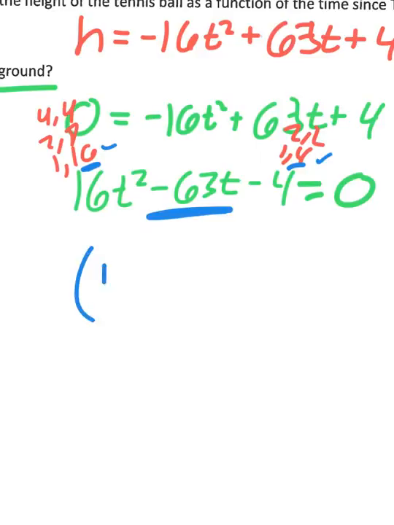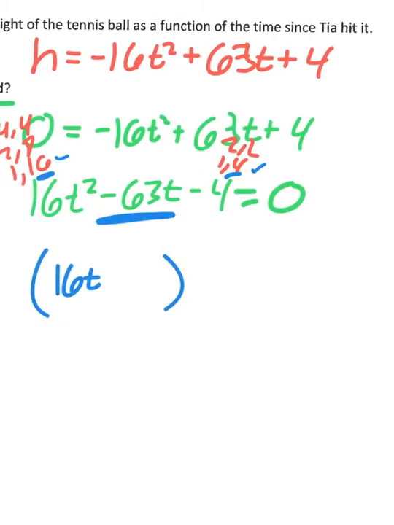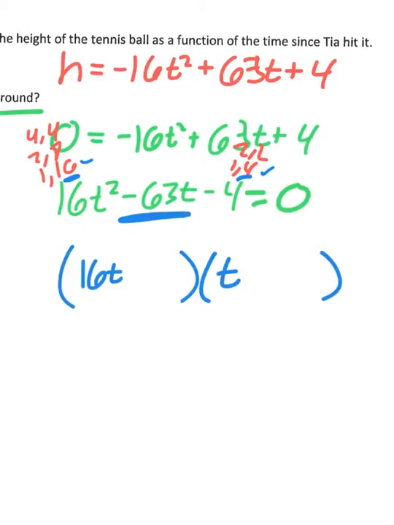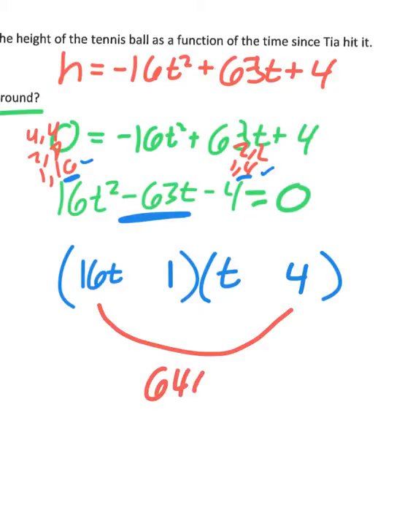So let me start off my binomials with 16t and t, and then 4 and 1. And how can I get that 16 to line up with that 4? Well, then the 4's got to be over here, doesn't it? 4 and 1. Because multiplying those two together will give me 64t, and multiplying the insides together will give me 1t, and if I could find a way to subtract those, that would give me 63t.